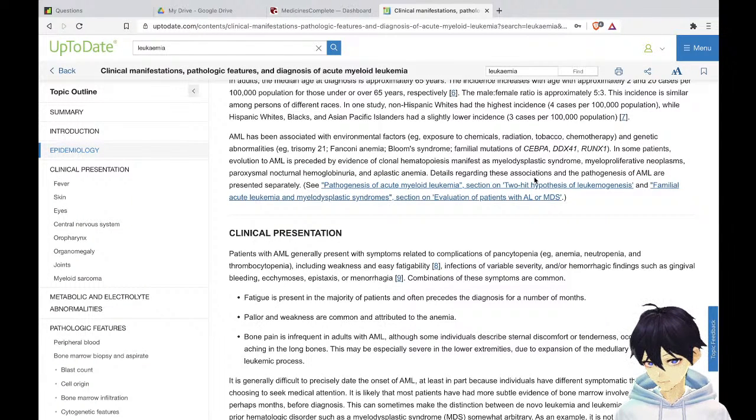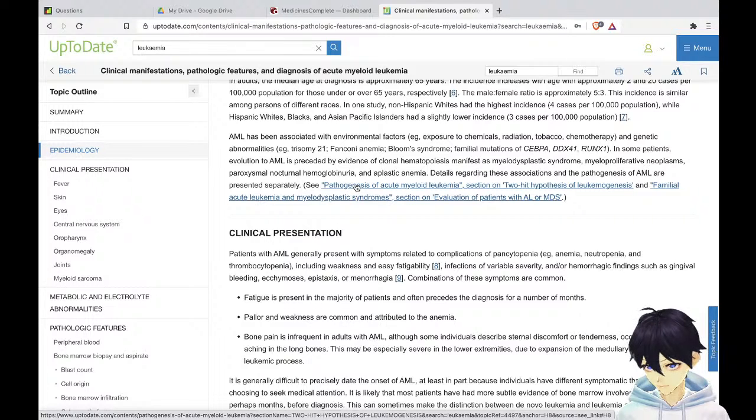Details regarding these associations and the pathogenesis of AML are presented separately. So you can transform from any of these to AML.